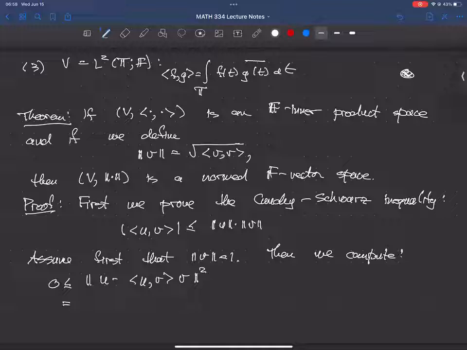Okay, and so I get, after doing that expansion, the inner product of u with itself, and then this scalar is going to come out with the inner product of u and v, and then here I get v, u, the order in which the scalar comes out like so.